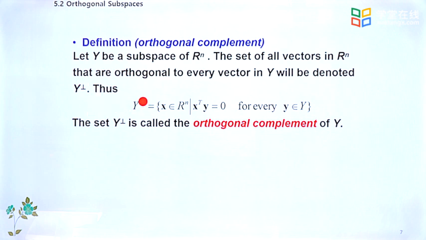That is, Y orthogonal complement contains all the vectors x in Rn such that x transpose y equals 0 for every y in this subspace Y. We call the set Y orthogonal complement the orthogonal complement of Y.